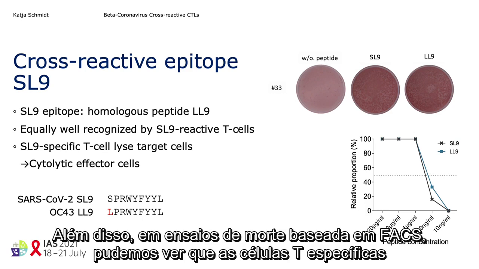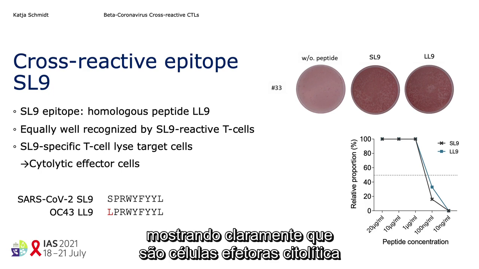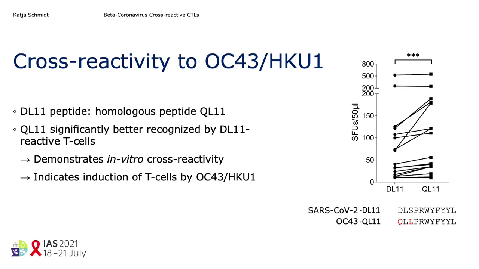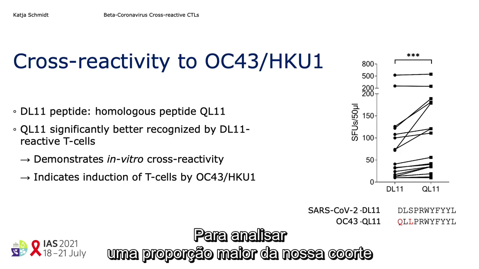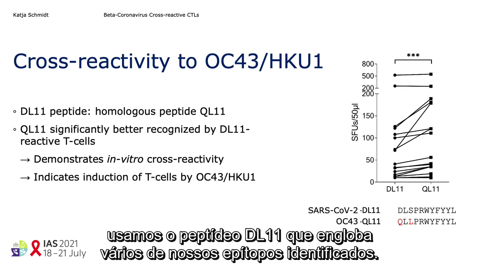Furthermore, in FACS-based killing assays, we could see that SL9-specific T cells were able to lyse peptide-loaded target cells, which clearly shows that they are cytolytic effector cells and also stresses the importance of this epitope. To be able to analyze a larger proportion of our cohort for cross-reactivity to common cold coronaviruses, we used the peptide DL11, which encompasses several of our identified epitopes.